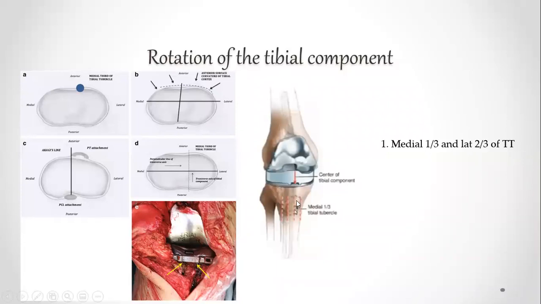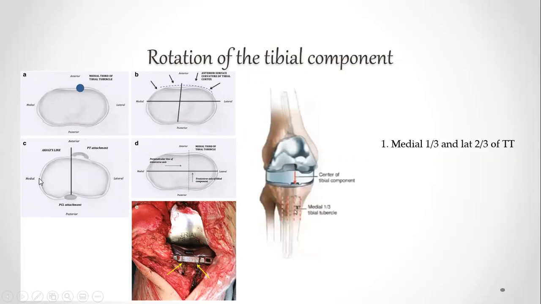The first reference is that the tibial tuberosity is divided into three thirds. Between the medial and the middle third, you can put the center of the tibial tray. Why does it happen? Because the tibial tuberosity, you can see, tends to be on the lateral, not on the center of the axis.